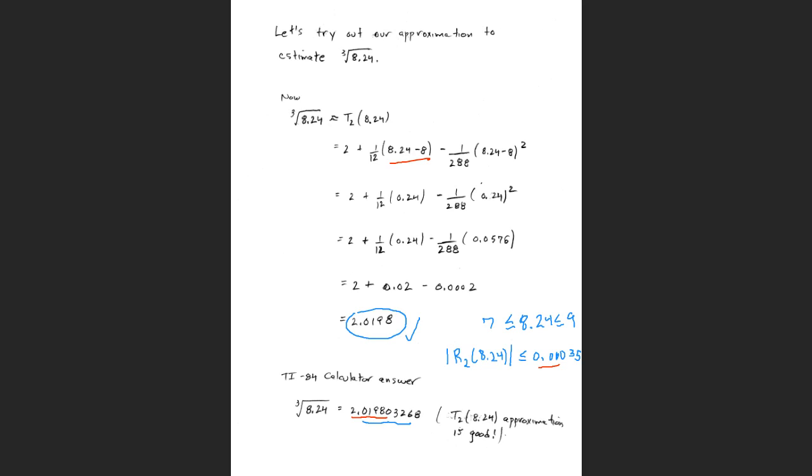Okay. Well, what I'd like to do is look at another example. Mario, I just decided, let's try to estimate the cube root of 8.24. I just chose 8.24. I wanted the cube root of a number that there's no way I know offhand. That's a nasty value, right?